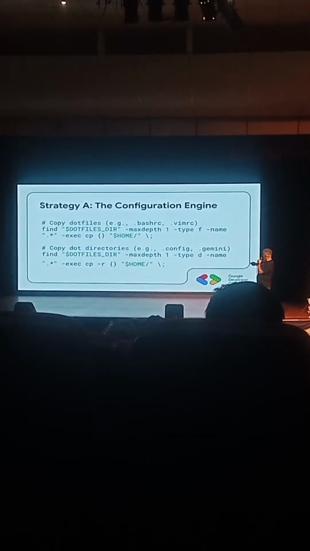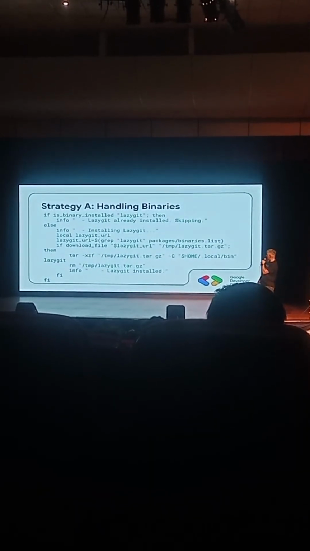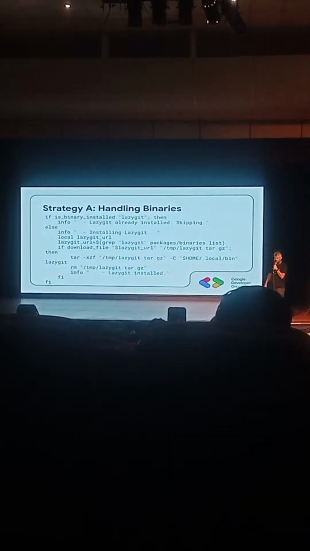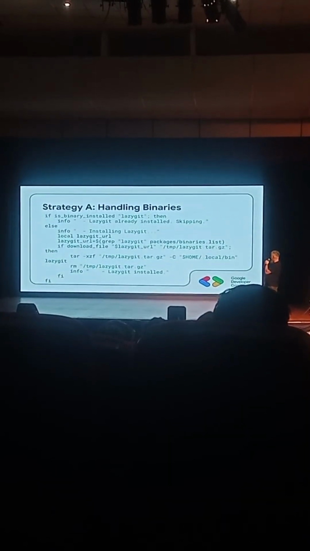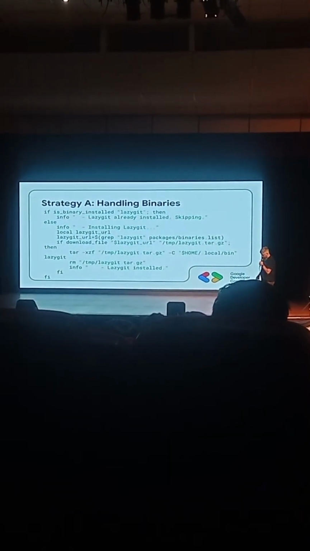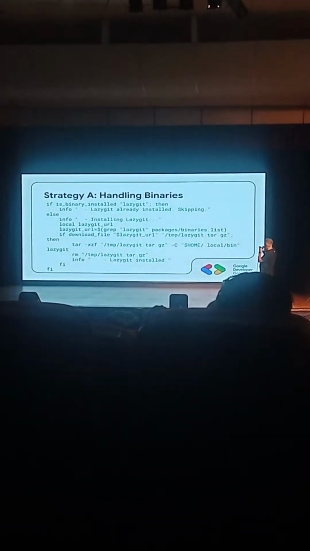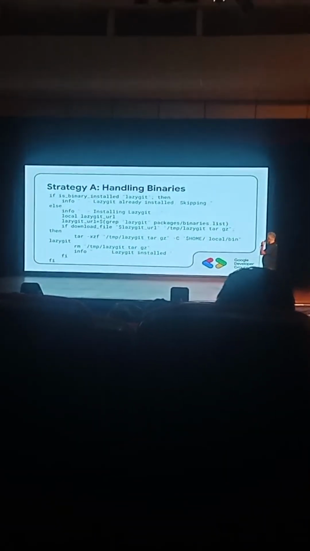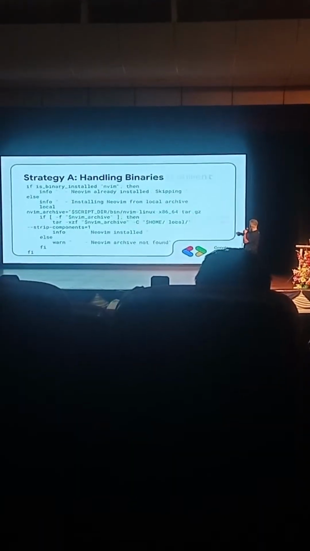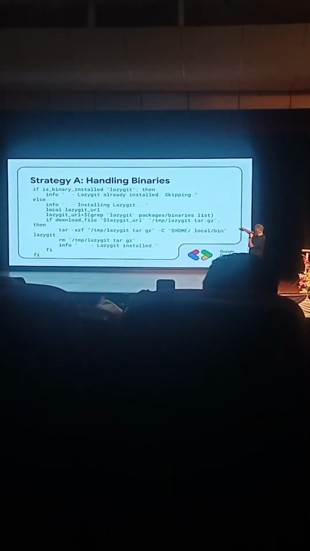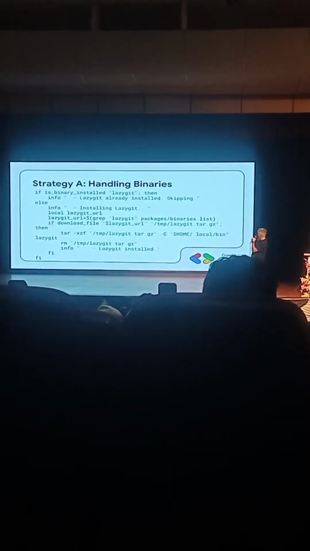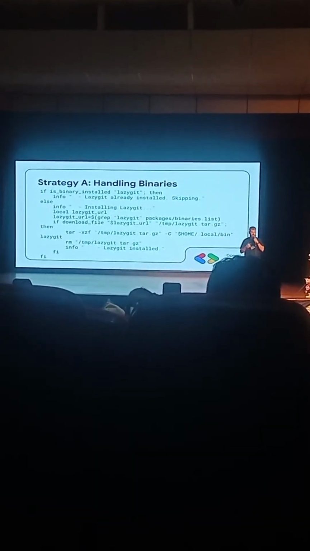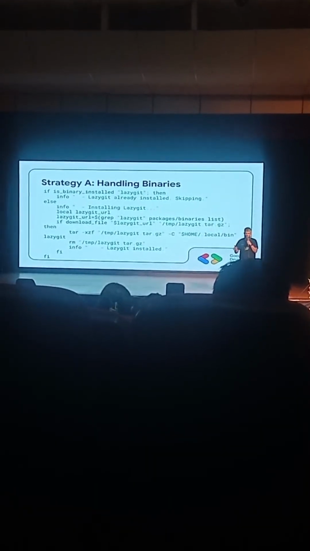It's a little bit more complicated with binaries. I'll walk you through two examples here. The first one is lazygit. That's one of my favorite utilities that gives you a terminal UI to manage your Git repositories.